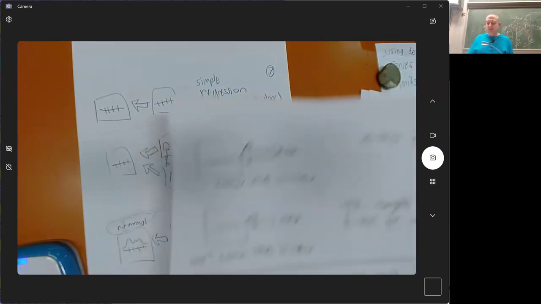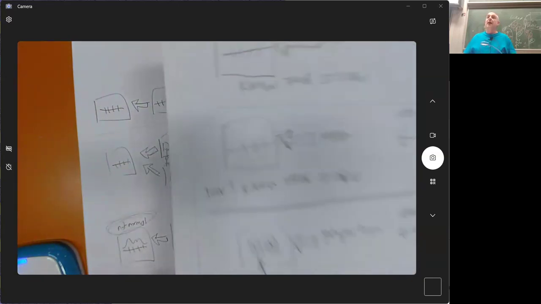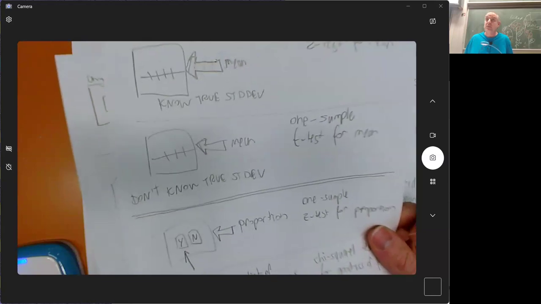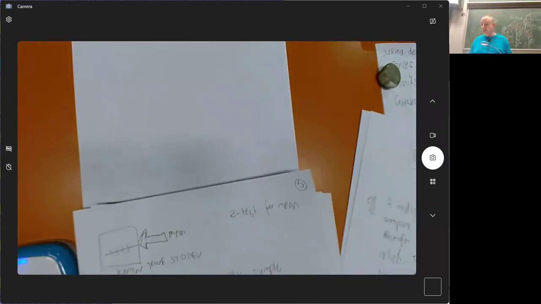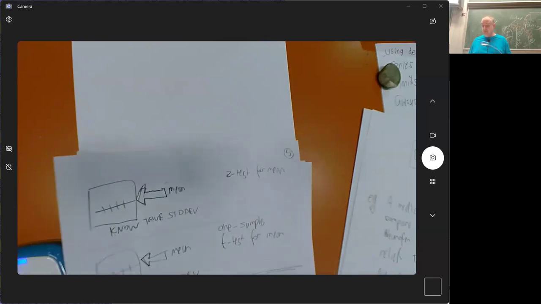All of the ones that are T's or Z's, the calculation has the same shape. And so I think it would be useful to talk about that.